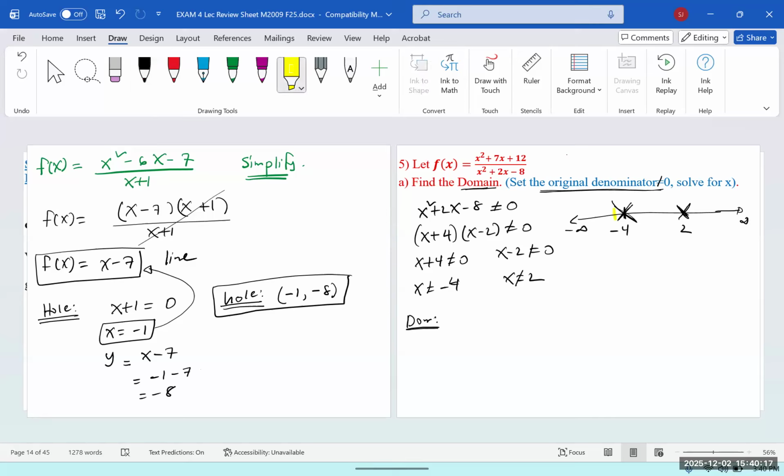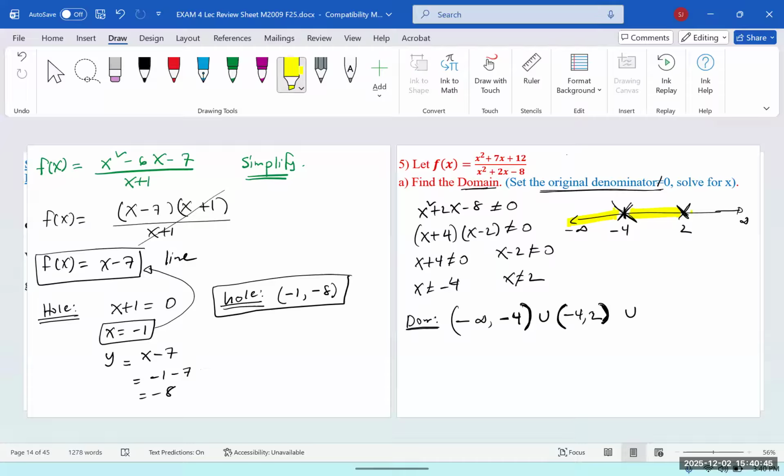So domain is the first interval, -infinity to -4. Since you cannot use -4, it's parentheses. The next interval is from -4 to 2. And both of them you cannot use because they will make the denominator 0.